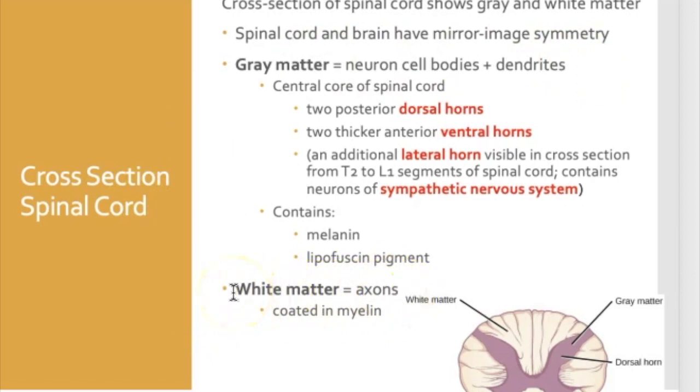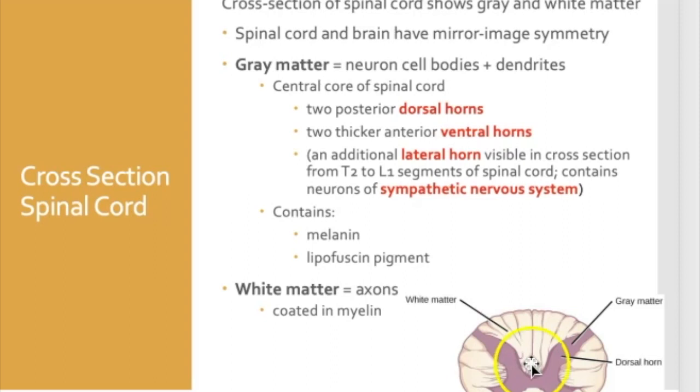So when you make a cross-section through the cord, the gray matter, the neuron cell bodies, are found to the interior. They make this sort of a butterfly shape that we describe as ventral horns and dorsal horns.